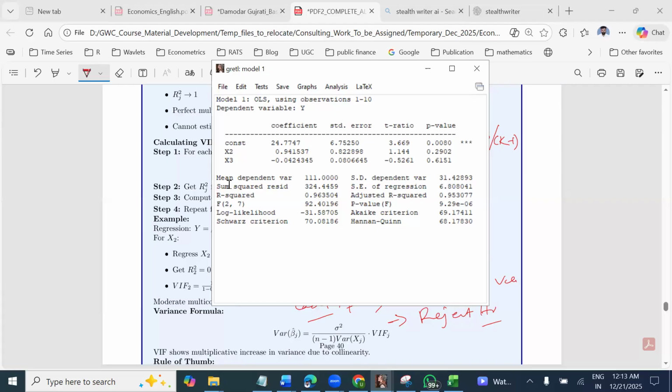K is, I told you, that in the 3 variable case k is 3, and in the 4 variable case k is 4, and so on. Are you getting my point?